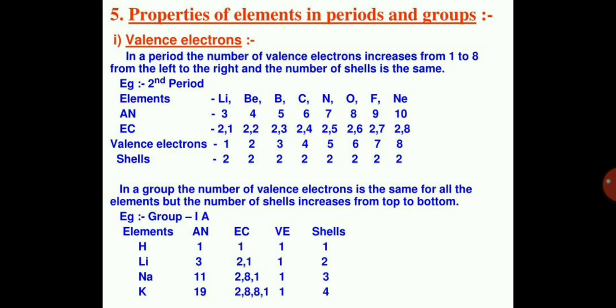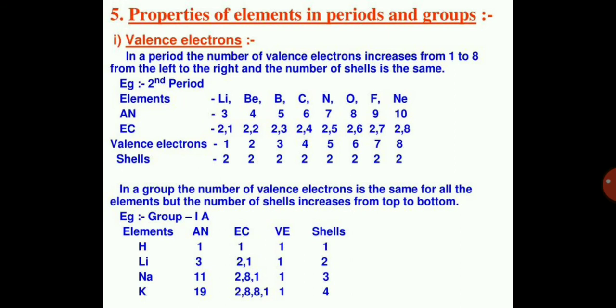In the second period the elements were lithium, beryllium, boron, carbon, nitrogen, oxygen, fluorine and neon. The atomic numbers are 3, 4, 5, 6, 7, 8, 9 and 10.